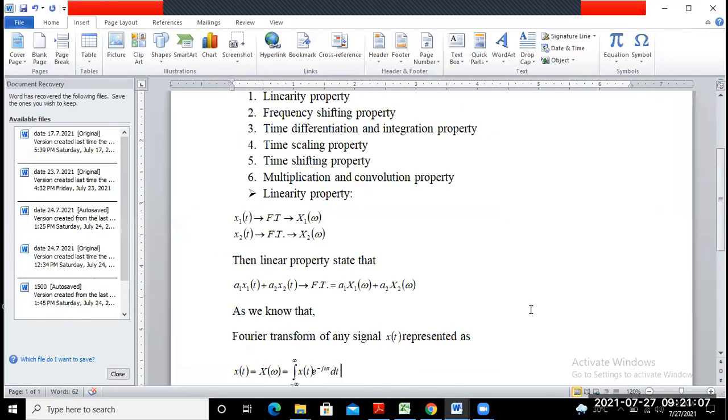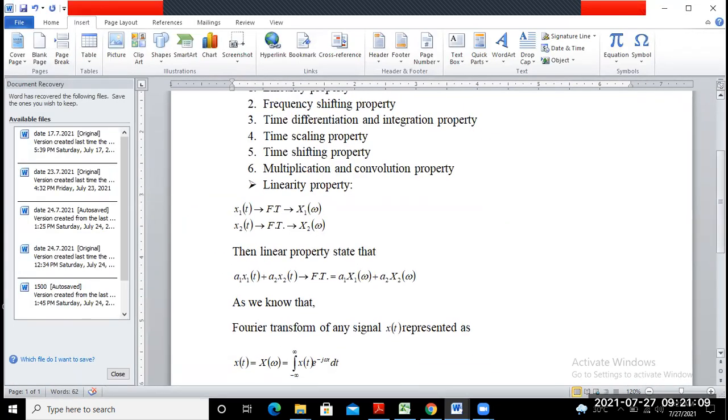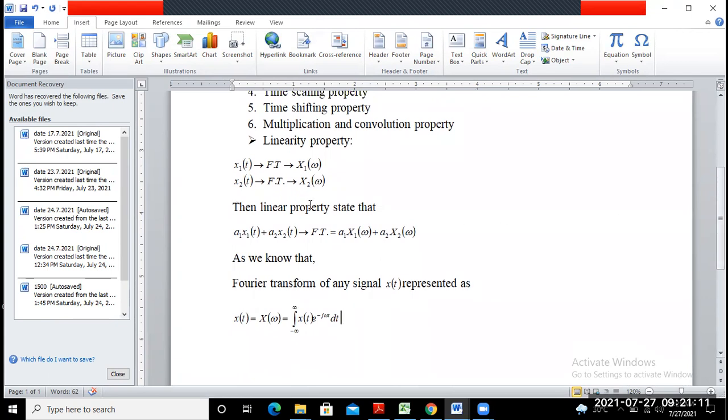Now the same formula, put here the Fourier transform of a1 x1(t) plus a2 x2(t) in place of x(t). That means x(t) equals, you may consider, a1 x1(t) plus a2 x2(t).